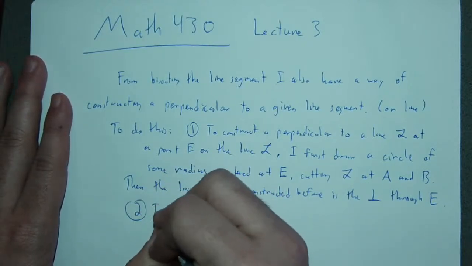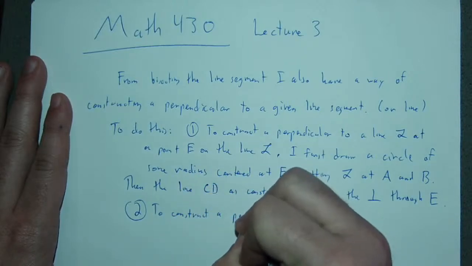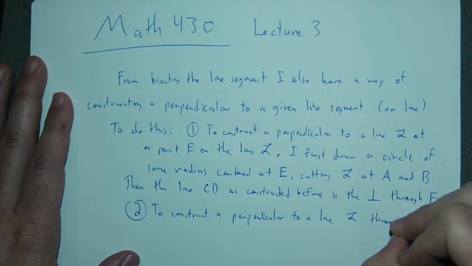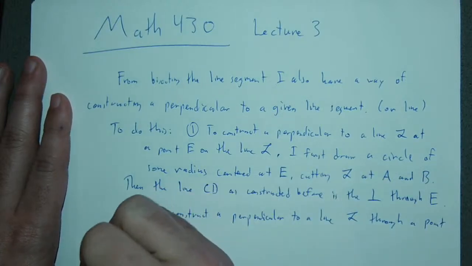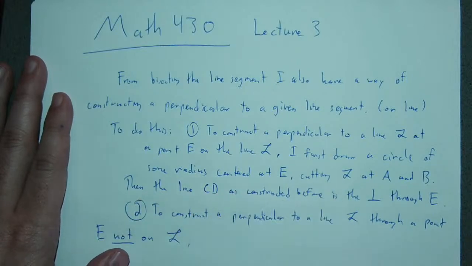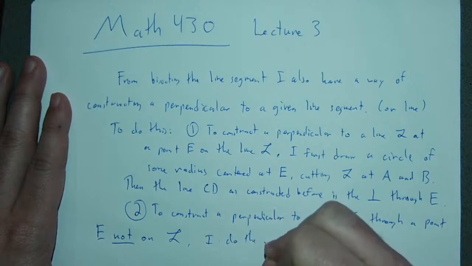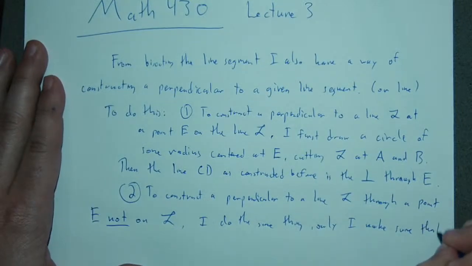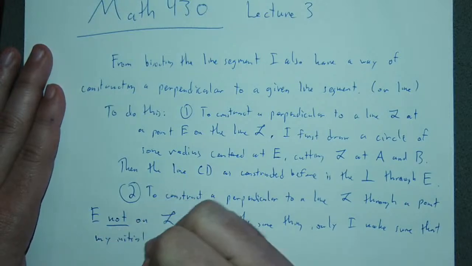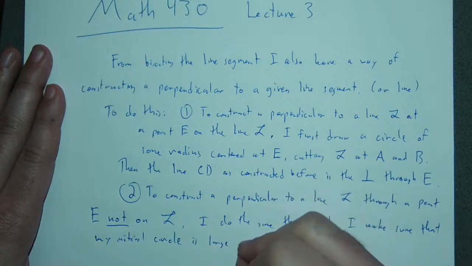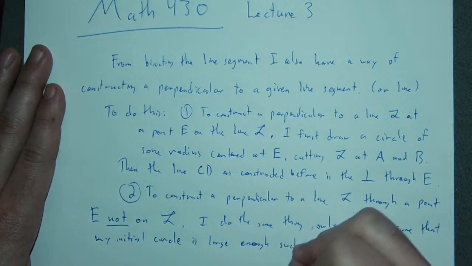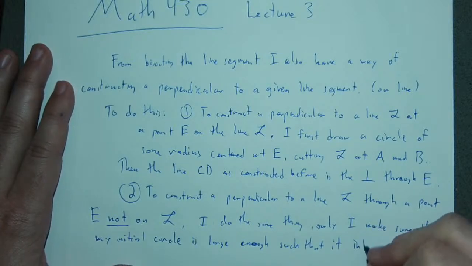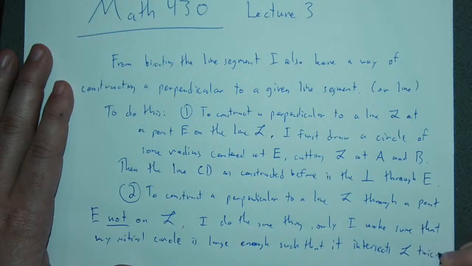To construct a perpendicular to a line L through a point E not on L, I do the same thing, only I make sure that my initial circle is large enough, i.e. has large enough radius, such that it intersects L twice.